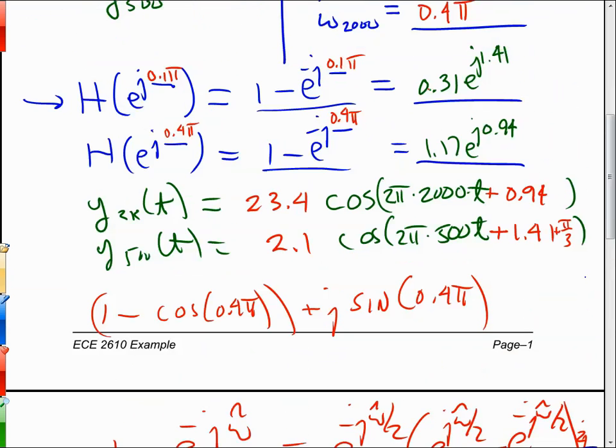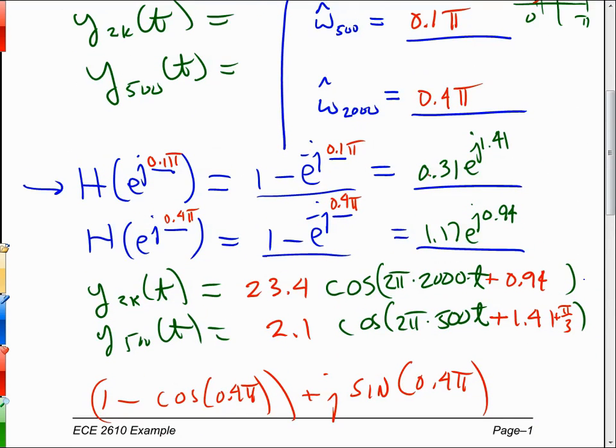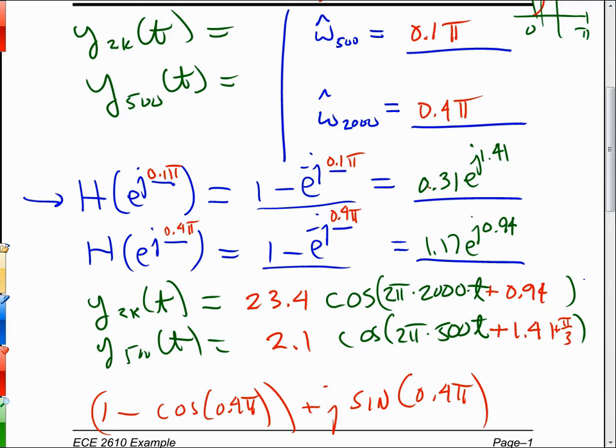My question is, L is only used on an averaging filter? Yeah, L is one of the parameters of the averaging filter. So if we have any other type of filter, we can tell it's not averaging, and we can simply plug it into the given equation. Yeah, you might have to derive H of e to the j omega, but in this problem, you're given H of e to the j omega.